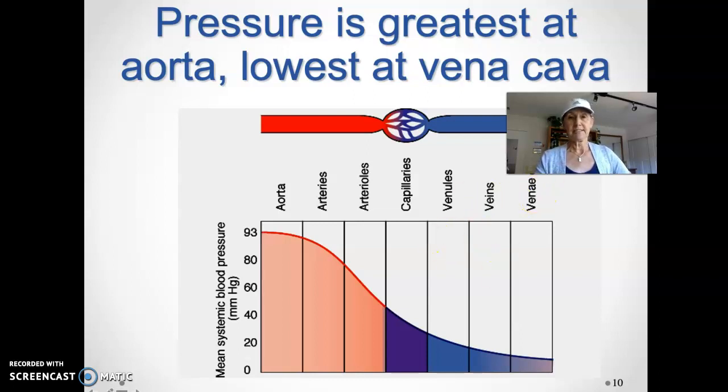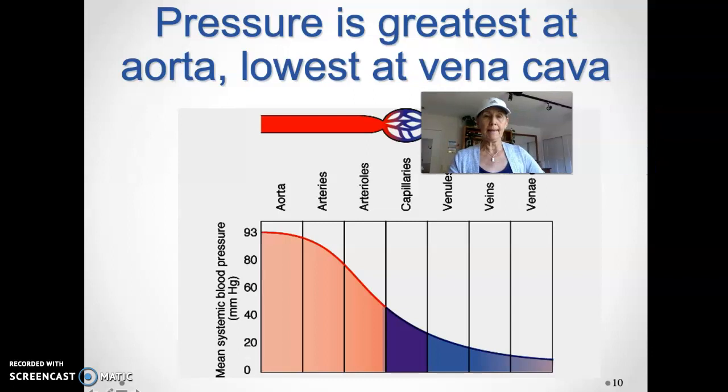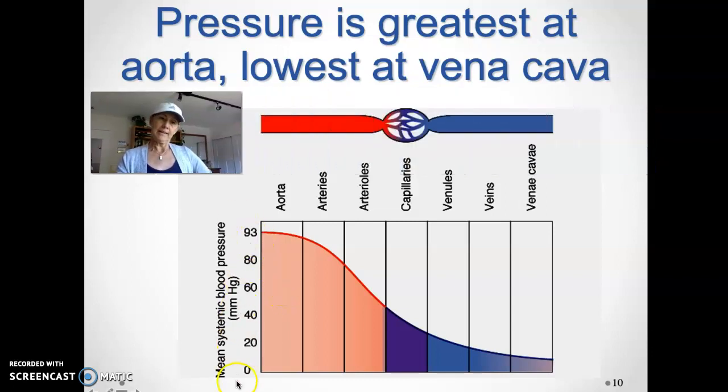This is the interesting thing that always blows me away. Here is the mean systemic blood pressure. We have it up in the 90s here in the aorta. Let's just keep it simple that way. If it's at 93 millimeters of mercury in the aorta and it's dropping in the arteries, and then it's going into little tiny arteries, it's dropping more. Now it's coming into capillaries. It's really dropping.